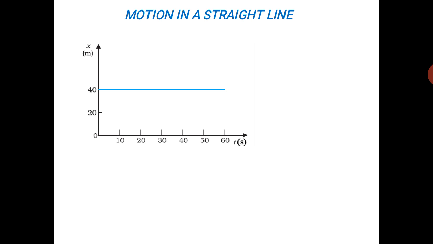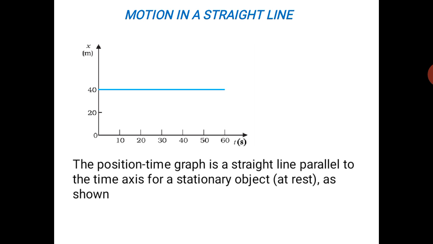This graph represents that the particle is not changing its position. It is called rest. The body is at rest, meaning the position is not changing. Is it clear?